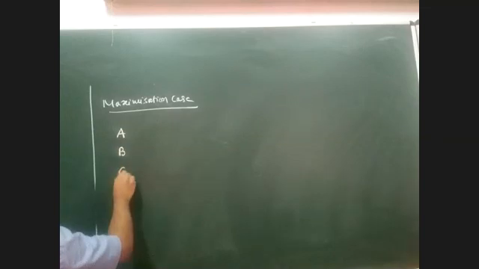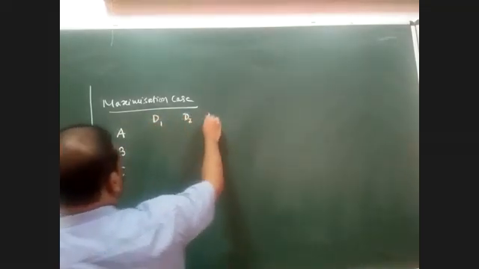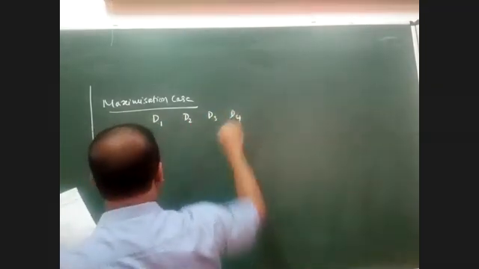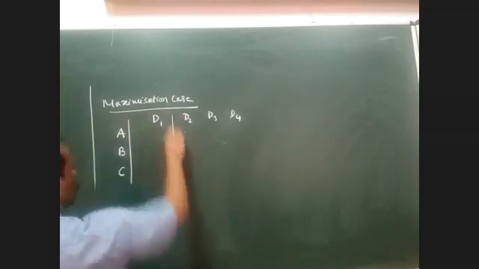The question is given like this: A, B, and C are the three factories. D1, D2, D3, and D4 are the four distributors. So we have a problem like this.